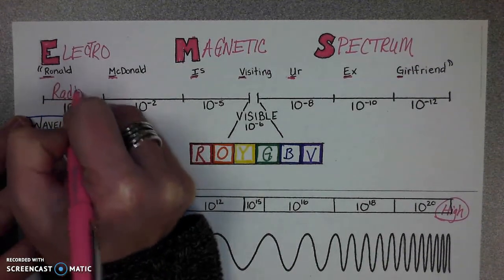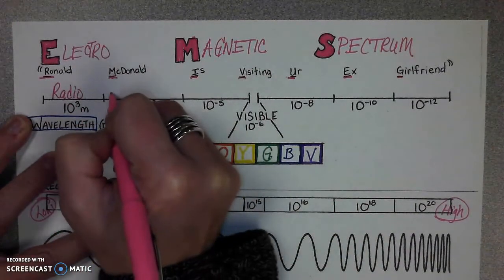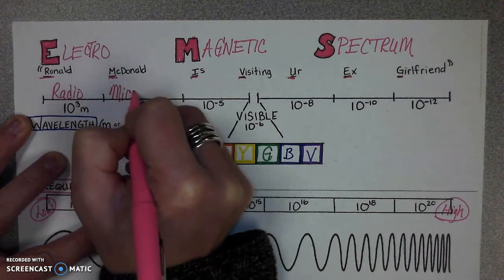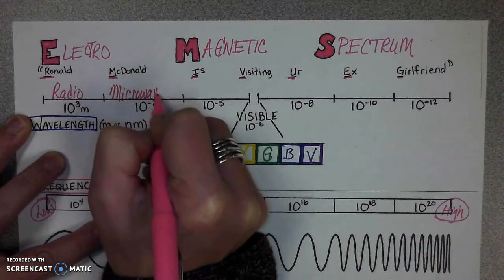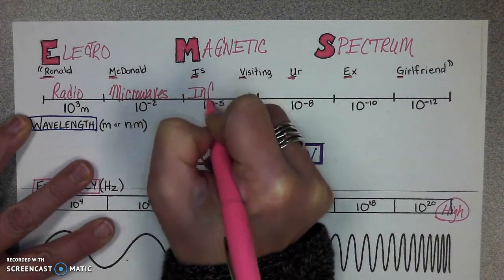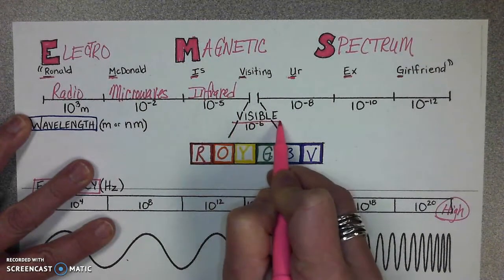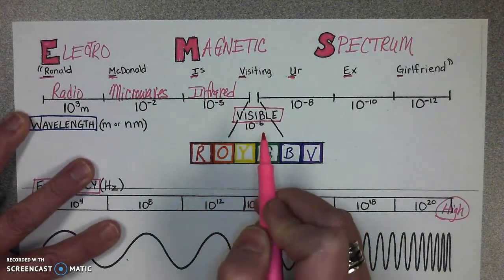So Ronald represents radio, McDonald's represents microwaves, something we're all familiar with, right? Is the infrared. Violet is these visible rays that we're going to talk about here in just a second.